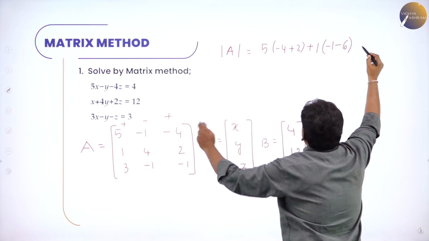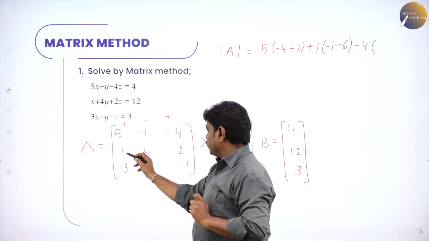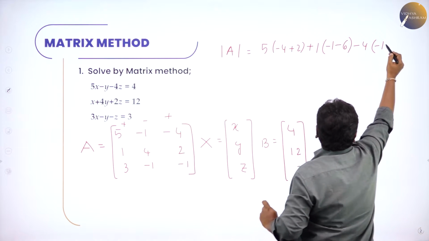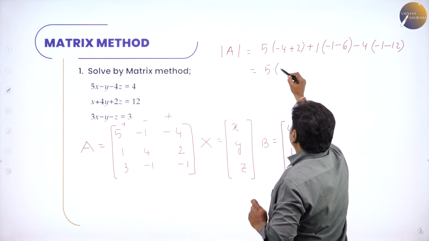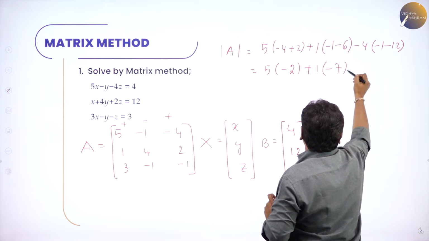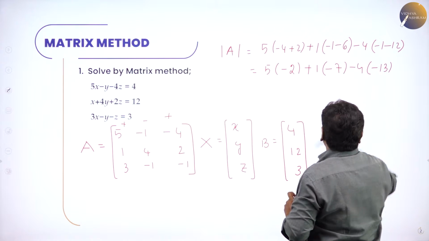Then plus into minus, minus 4 into, delete the column and row, you will have 1 into minus 1, minus 1, minus 4, 3 is 12. Now simplify this, you will get 5 into, it will become minus 2, plus 1 into, it will become minus 7, minus 4 into, minus 13.